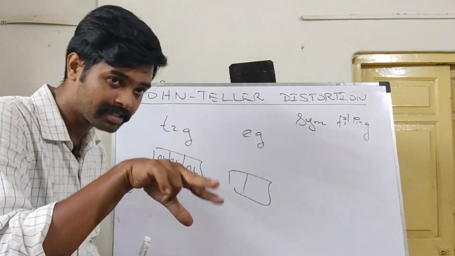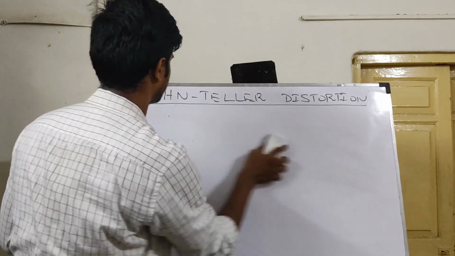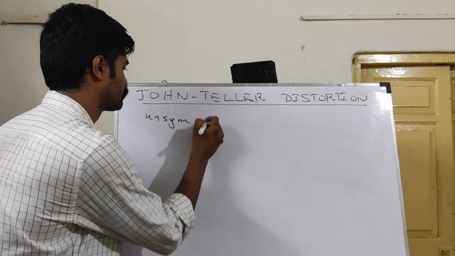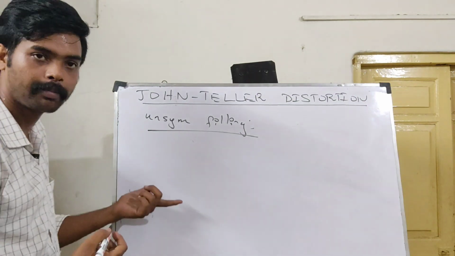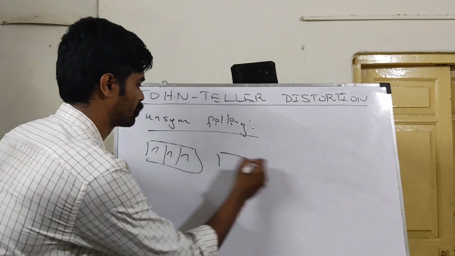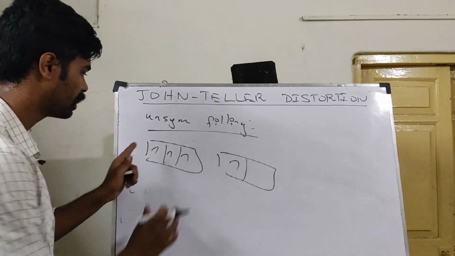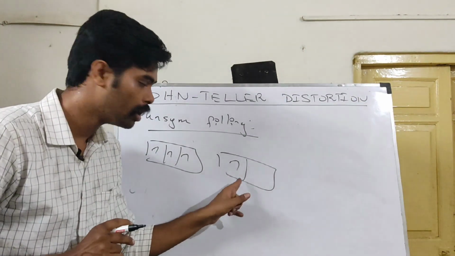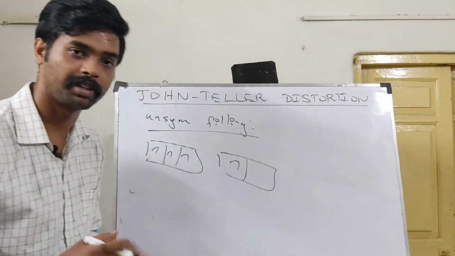But when I go for the next type of filling, that is my unsymmetrical filling, right? So what can be examples? Say one case can be like this, and say another: you can see that 3 of the T2G set are having 1 electron each, and here when I go, one of the EG orbitals is having 1 electron, the other one having no electron, unsymmetrical.